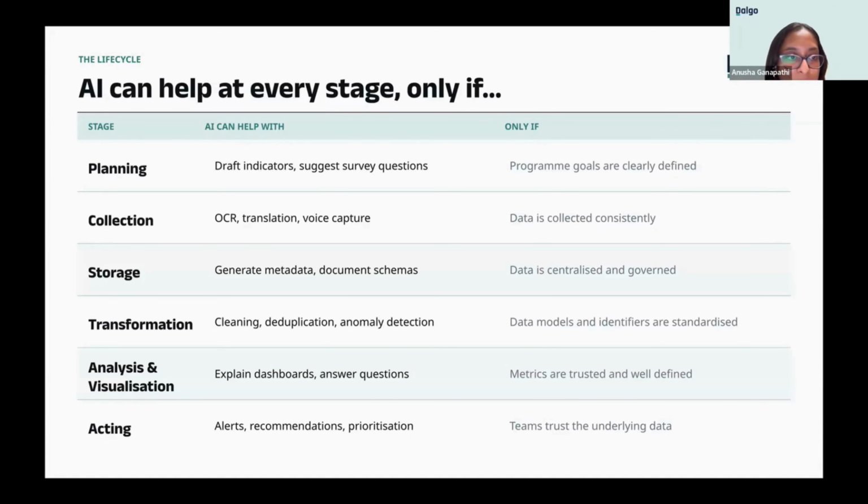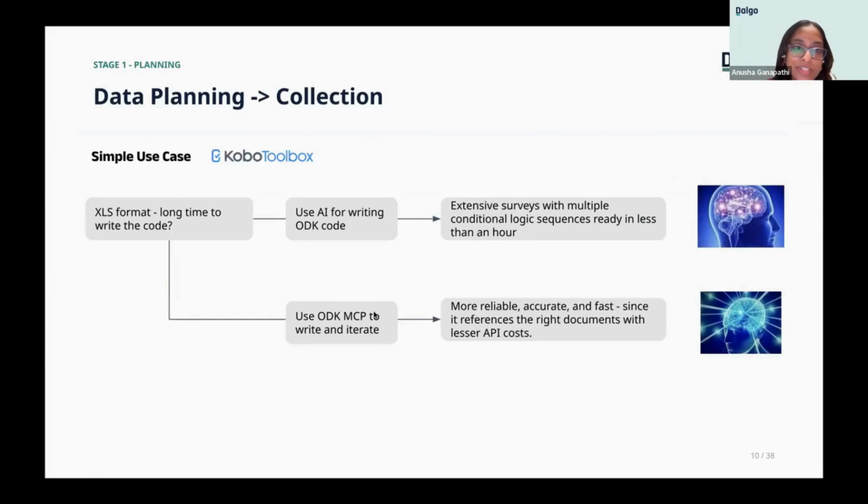With that said, I'm going to start with one of our first case examples, on data planning to collection. One of the things we've been hearing from NGOs is how LLMs can be used to help generate forms and things like that. But one thing I wanted to speak to everyone about in today's webinar is a tool called MCP, the Model Context Protocol.